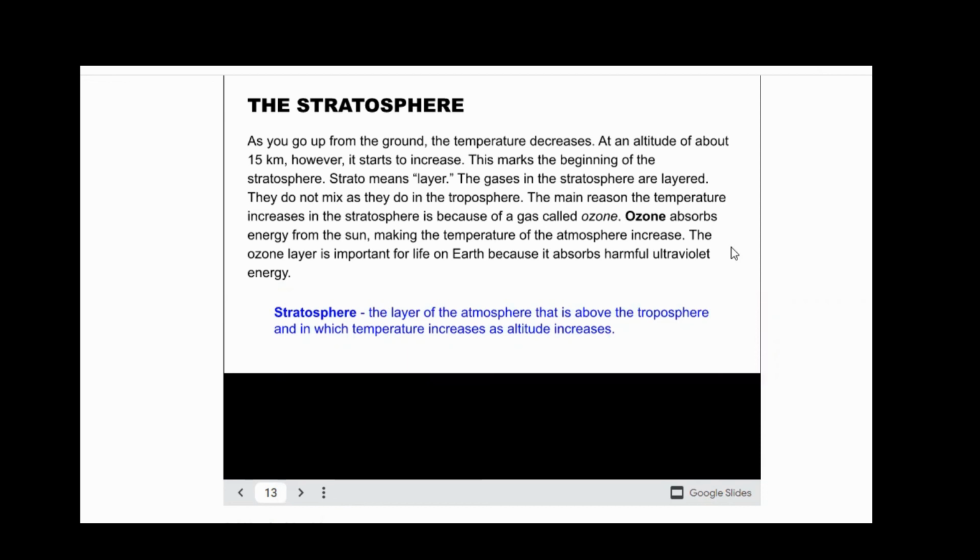It was allowing more of that heat and energy to come in, and it was actually causing health issues for people in those areas. So be able to discuss this question: why is ozone in the stratosphere important for living things?